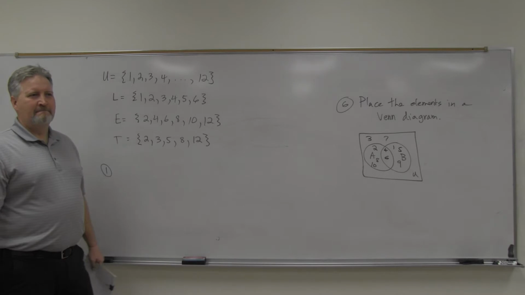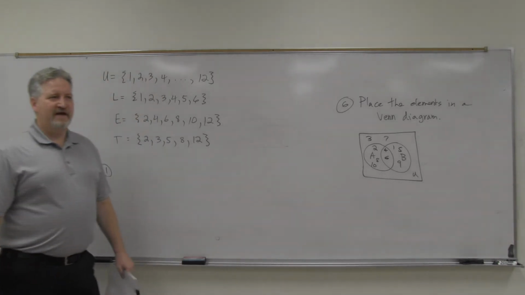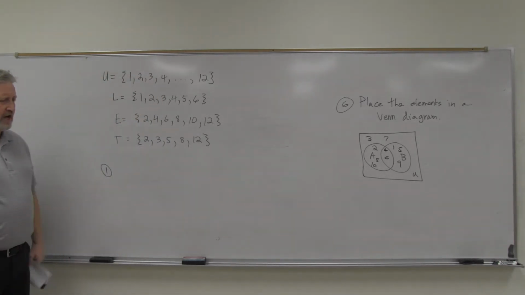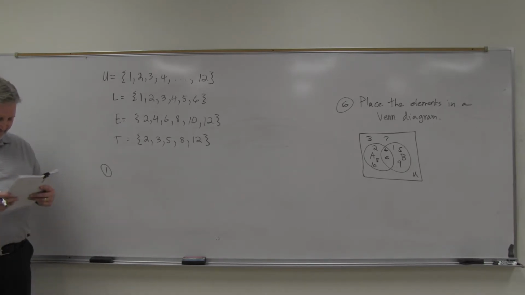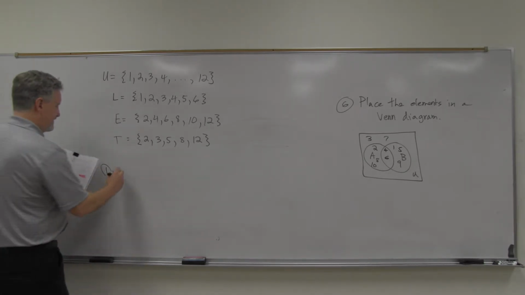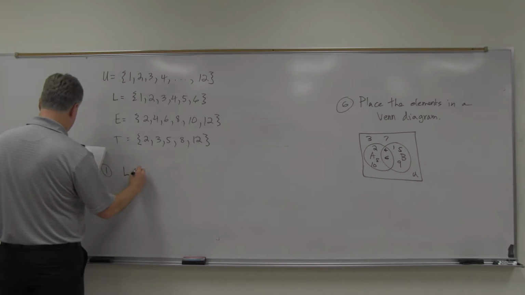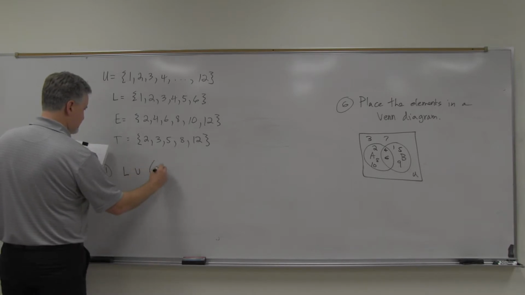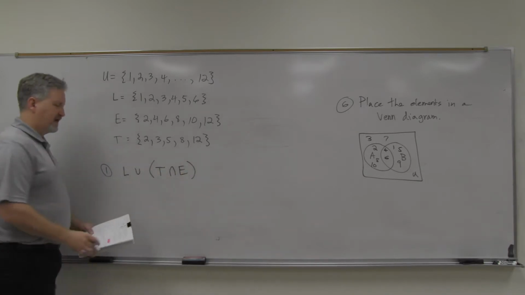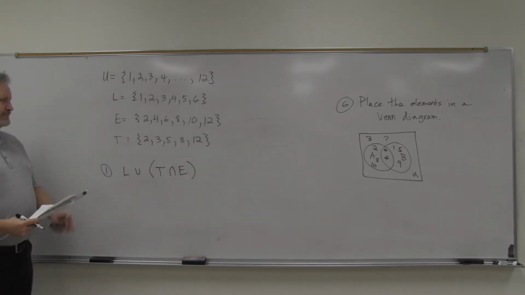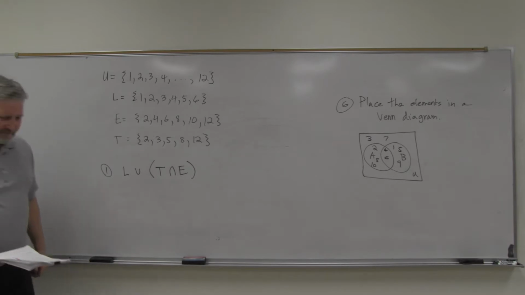All right. So let's do the same sort of thing we were doing with the A and B sets. But let's do these. Let's start with L union parentheses T intersection E. Kind of start easy here.